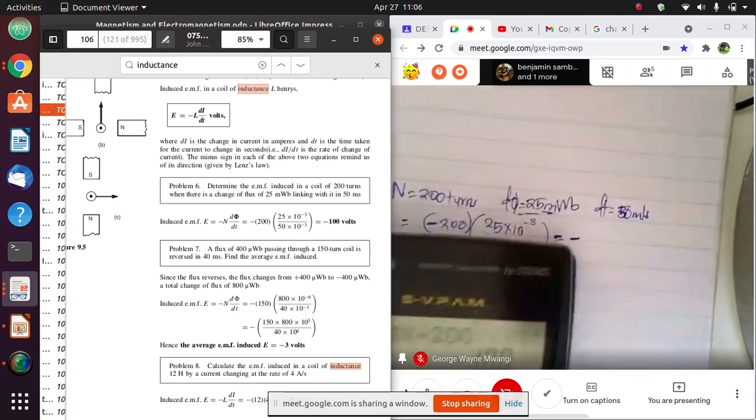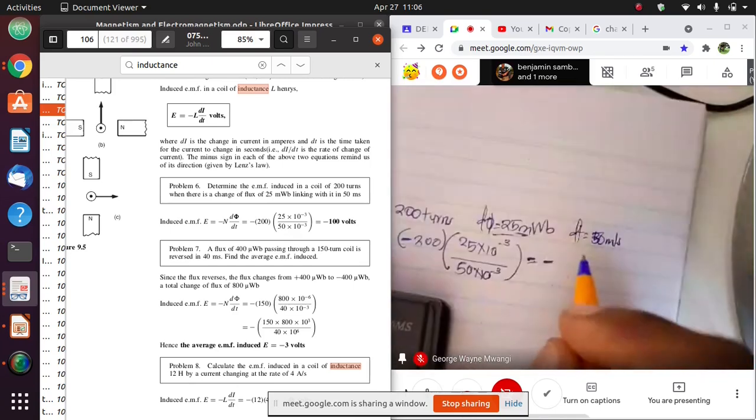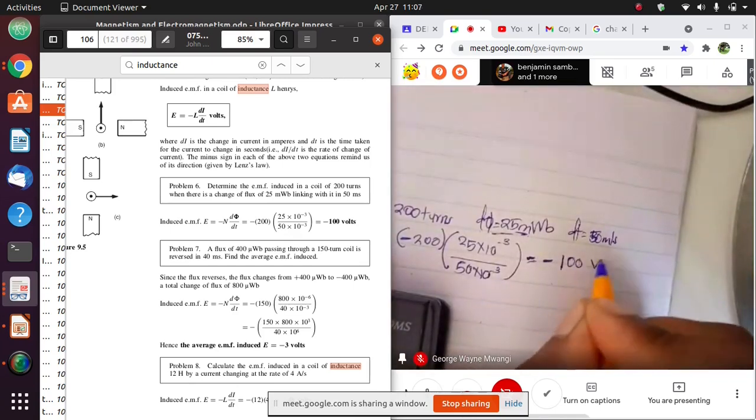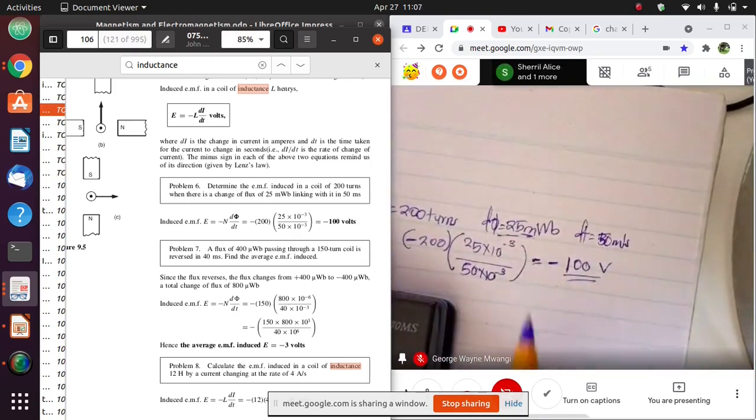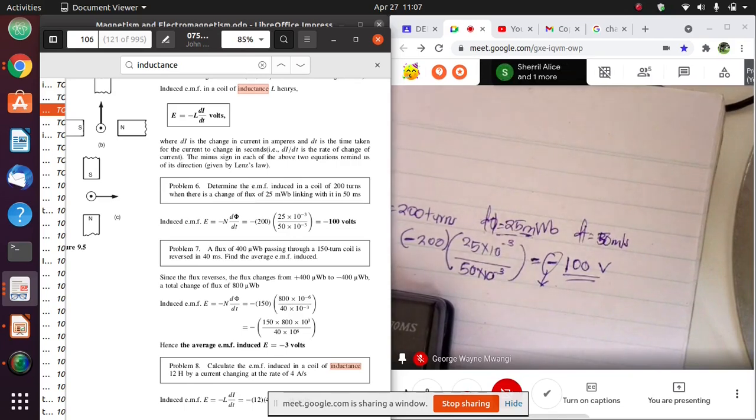You get that the induced voltage in our conductor is 100 volts. This negative just indicates that it is opposing the direction.